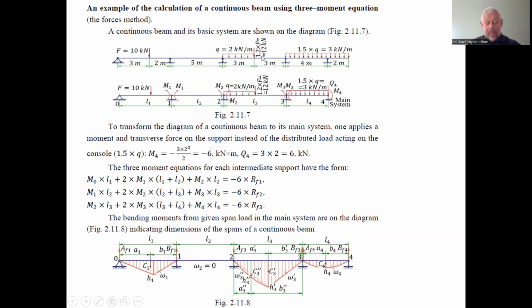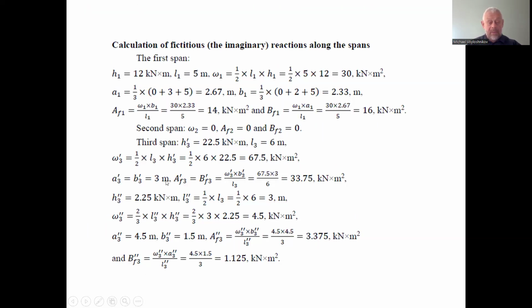We can find this bending moment magnitude in the middle of the third span by developing the equations considering the action of the concentrated force on the span, finding the support reactions, and after that finding the triangle shape of the bending moment diagram caused by the force concentrated on the third span. Having the magnitude and the length of the triangle diagram, we can find its area, omega 3 stroke.